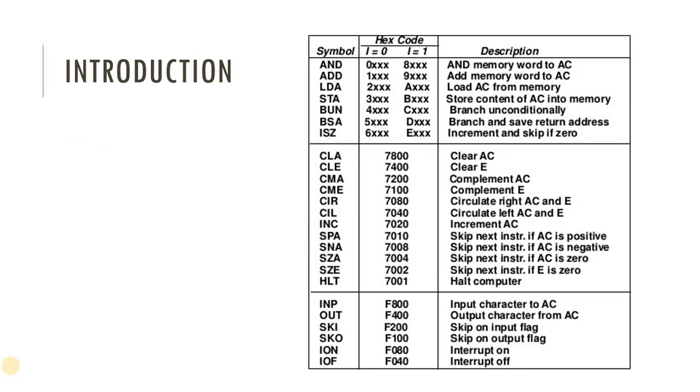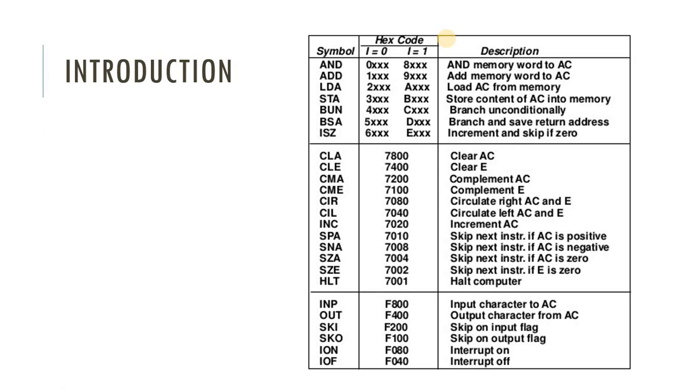These are the codes and symbols that are used to write the programs. Here symbols and hexadecimal codes are given. If I want to combine two statements, at that time we use the AND operation, and for that the symbol is AND. And for binary conversion, the hexa code is between 0 to 8.